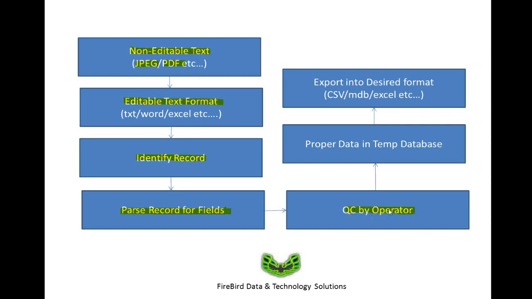After the operator takes care of the QC, the data is present in temporary databases, ready to be exported into the format desired by the client. Most of the time the desired format is either a CSV file, an MDB file, exporting the data into Excel, or exporting it into an XML file.